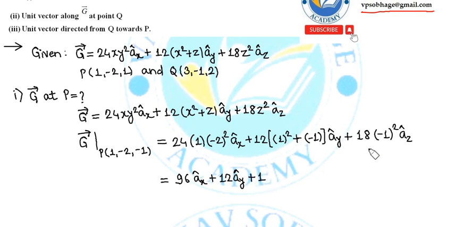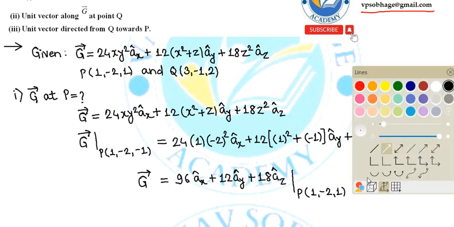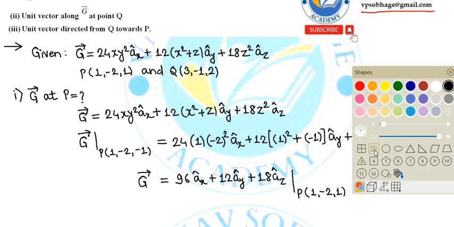Plus this -1 square, so that will be +1 into this 18, so that will be 18 az cap. So this is what your given vector g is, at point P having coordinates 1, -2 and 1. So this is the very first part of our numerical. We have found what is the value of that vector g at point P.